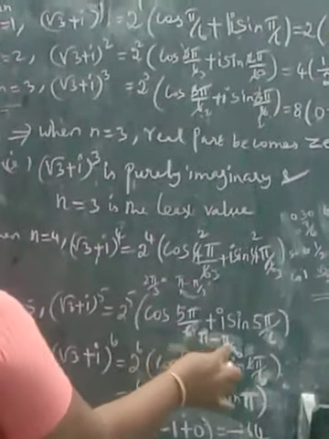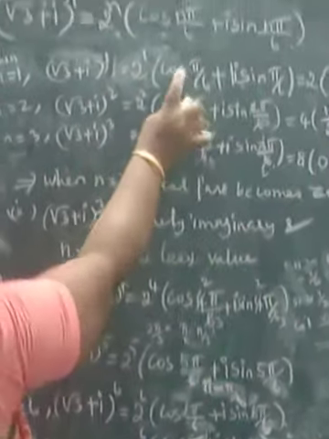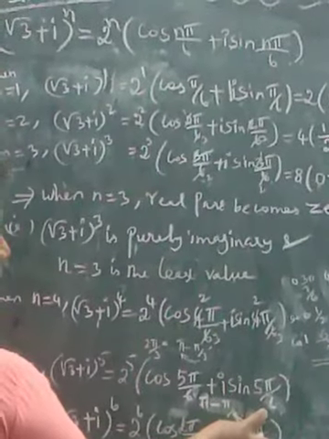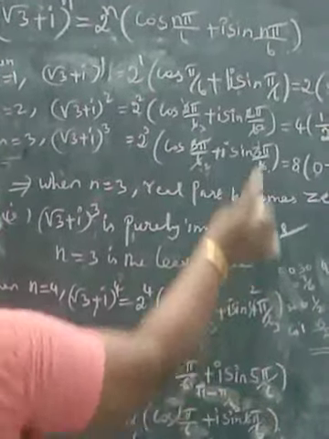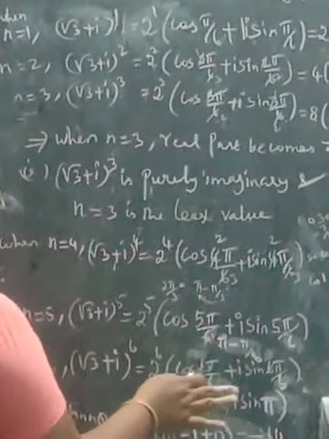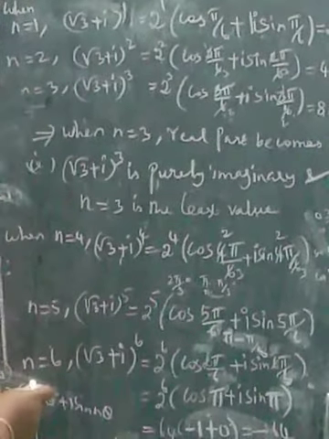Cos of (pi minus theta) is cos theta, that is cos pi by 6, whose value you already know. And sin of (pi minus pi by 6) gives sin pi by 6. So we get some value. Here also it is neither purely real nor purely imaginary. So move to the next number, n equals 6.